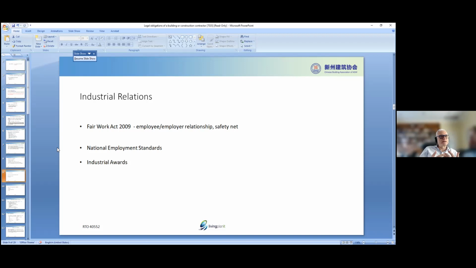There's a minimum set of standards that need to be maintained. And there's different awards. Awards can be agreements, okay? That's what an award is, basically an agreement. And you can have agreements for the whole industry, let's say, so all laborers in the building industry may have an award. But you can also have awards or agreements between the particular builder and his laborers. And this might happen on a site where it might be a difficult site, a more dangerous site, a site further away in the bush somewhere.